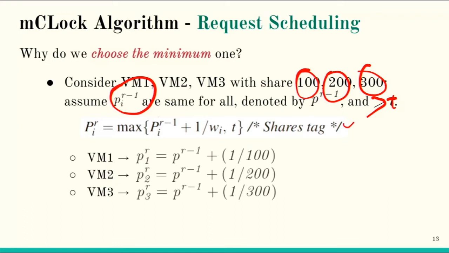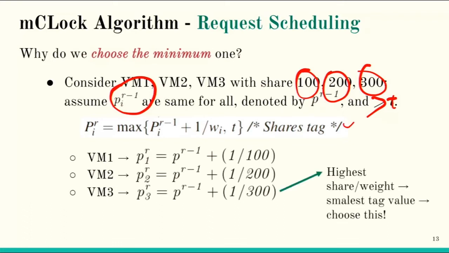Then we can calculate the P tag and compare these three VMs. Because the first term is the same for all, we can just remove it for the comparison.